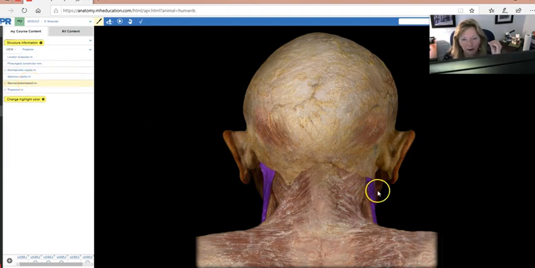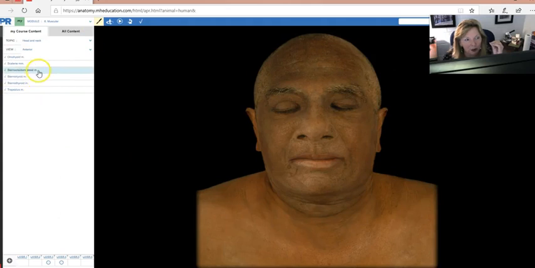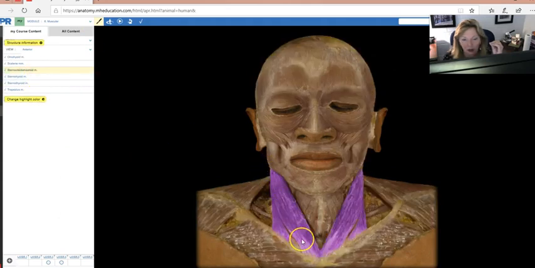Again, from a different view, like a posterior view, you can certainly see the sternocleidomastoid, but it's not the best view to look at. Certainly a better view would be an anterior view. When we look at the sternocleidomastoid, you can really see the reason it's called that: the mastoid region, which you all learned of the temporal bone, and the sternum here are the attachment sites for this particular muscle.